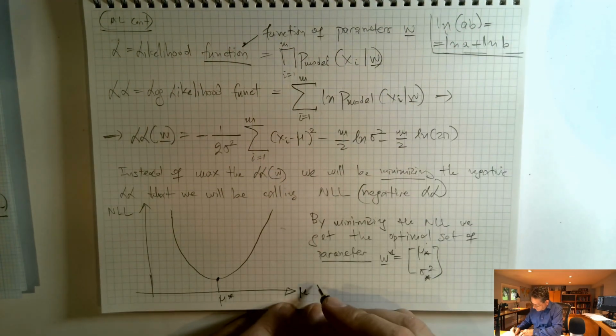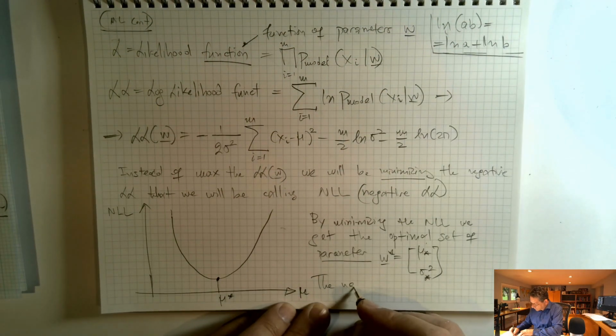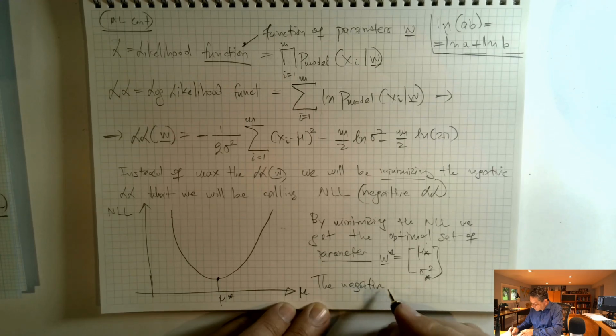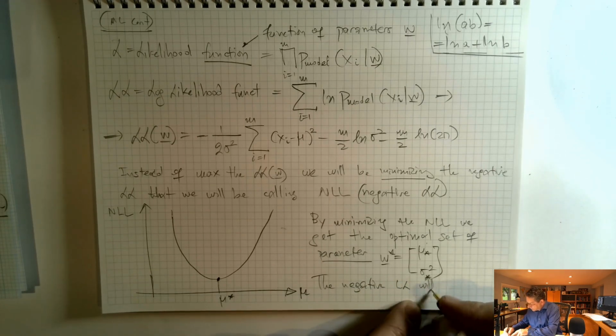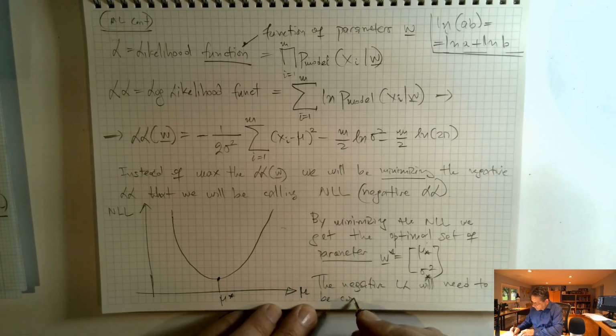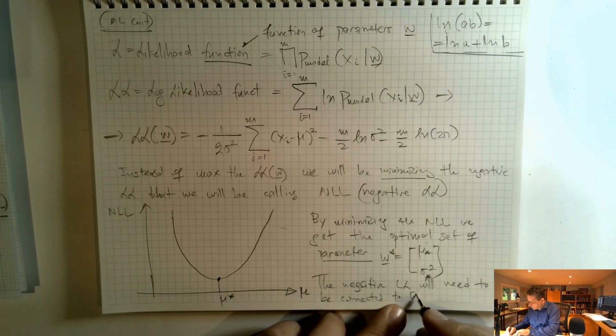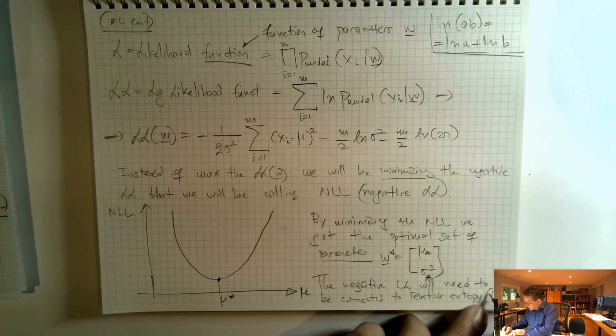The negative log likelihood will need to be connected to relative entropy, also known as KL divergence.